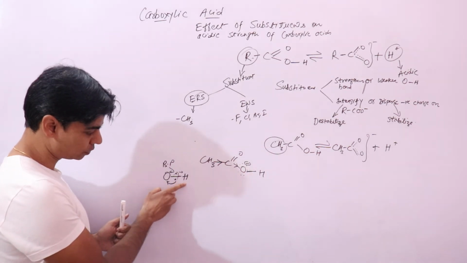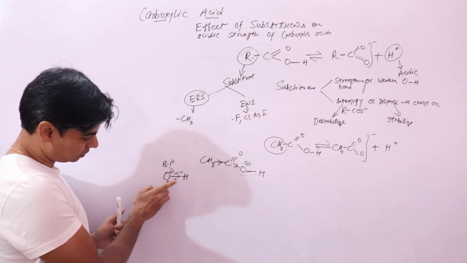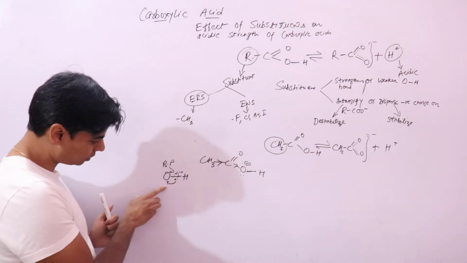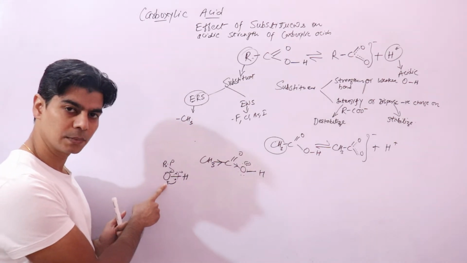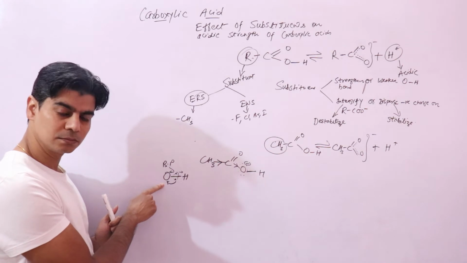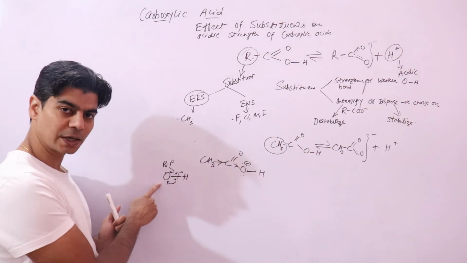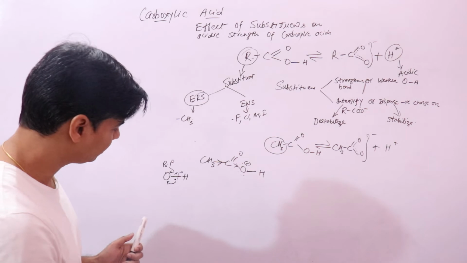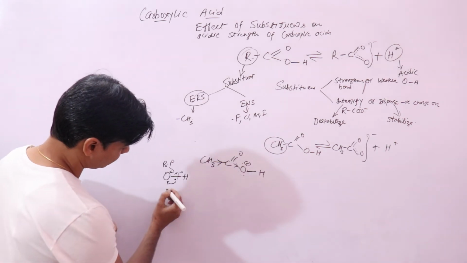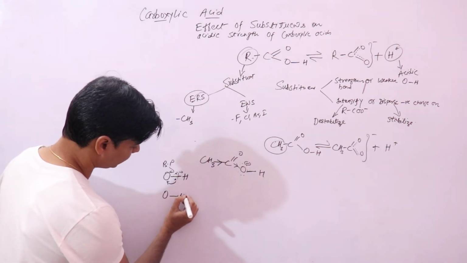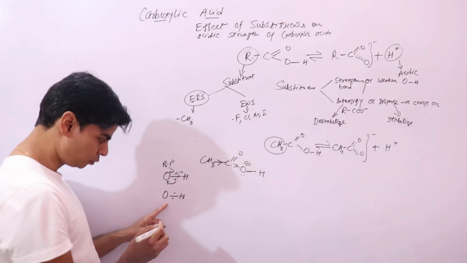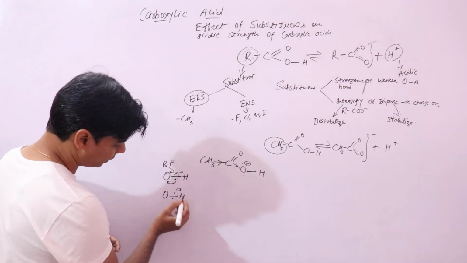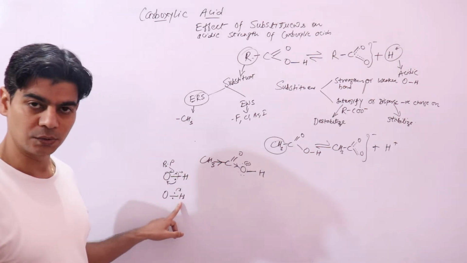Since it attracts hydrogen with less force, this hydrogen can be easily released if this bond pair moves towards the oxygen atom, because it is away from hydrogen, with less force of attraction. Now if this bond pair remains here or moves towards the hydrogen atom, then it has more control on the hydrogen atom.